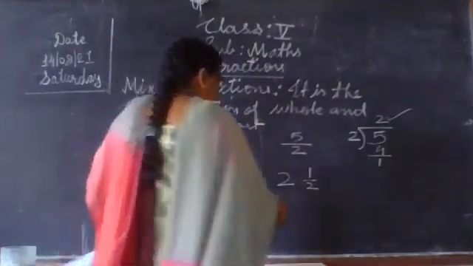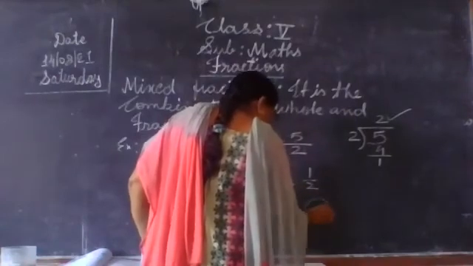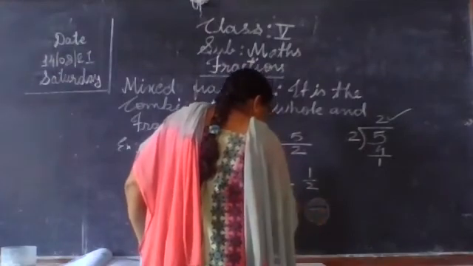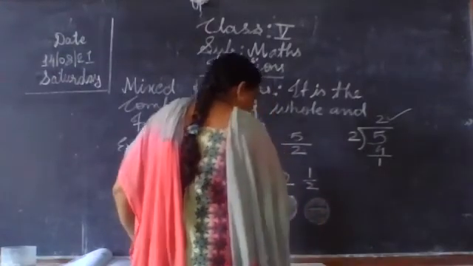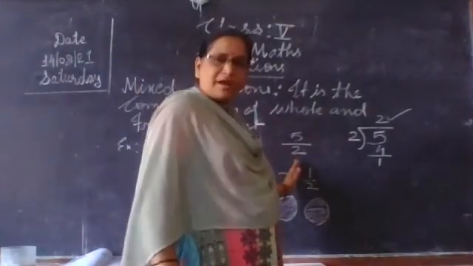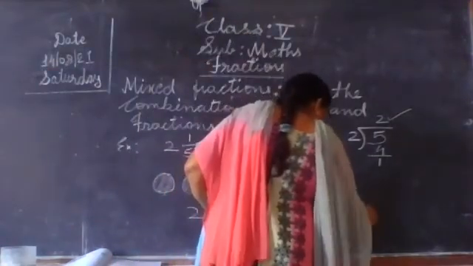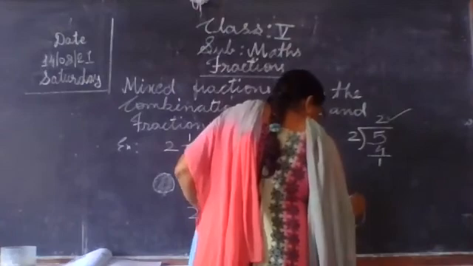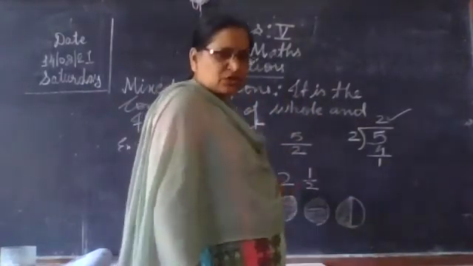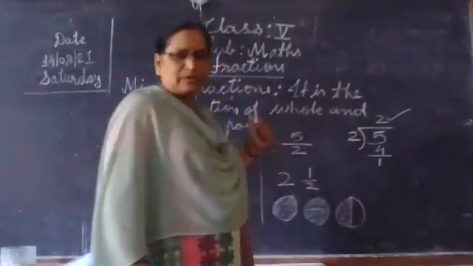So you can show it by 2 whole chapatis, and the half part of the third one. So here is the third chapati and half part is taken. So what is the fraction for this? 2 integer 1 upon 2, or you can say 5 upon 2.